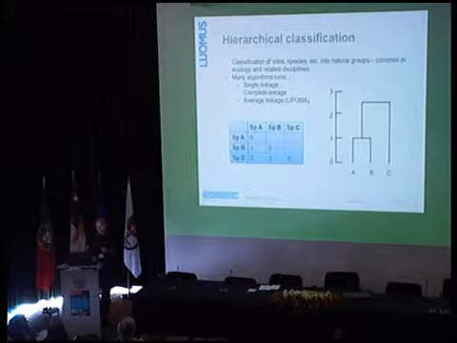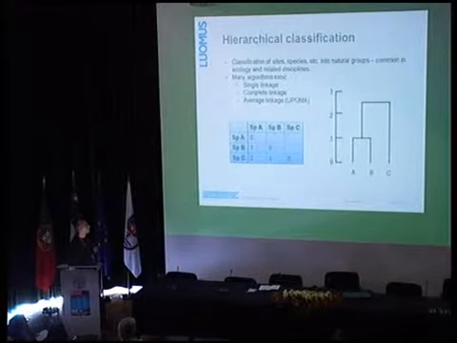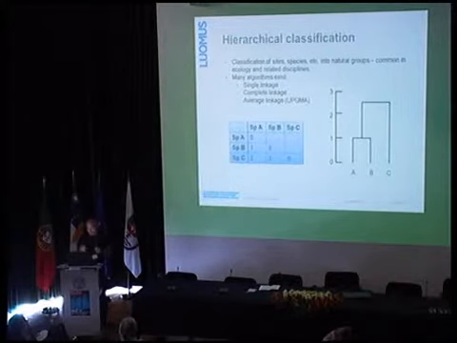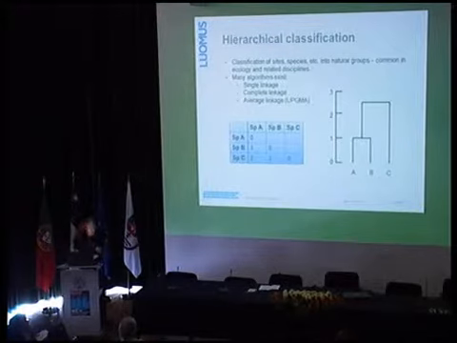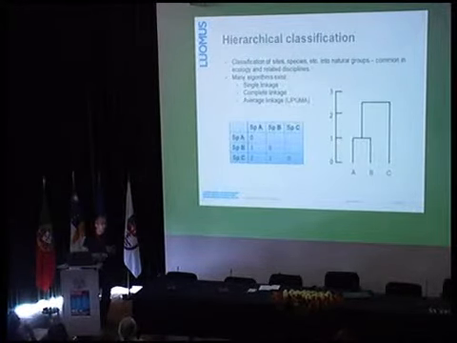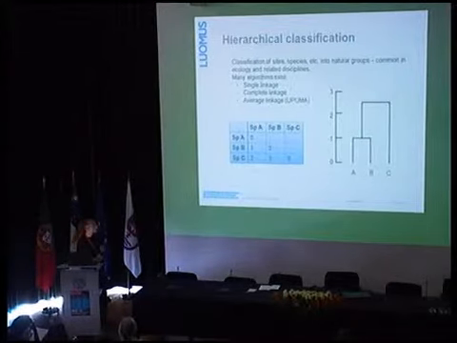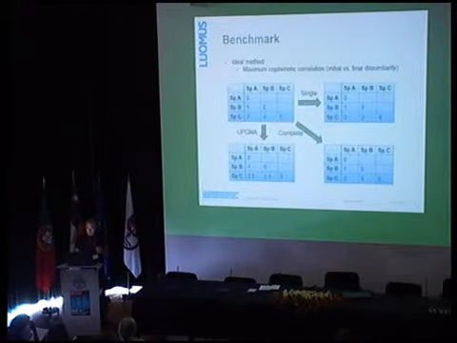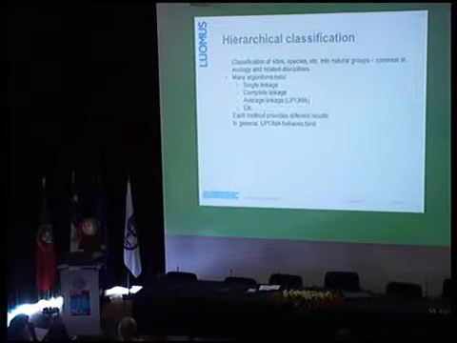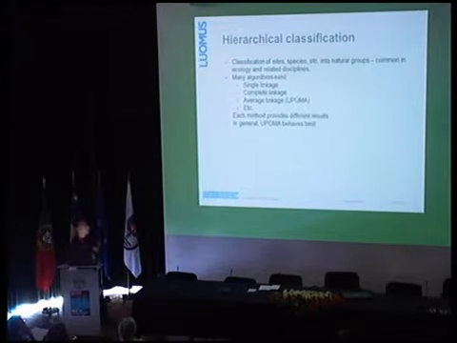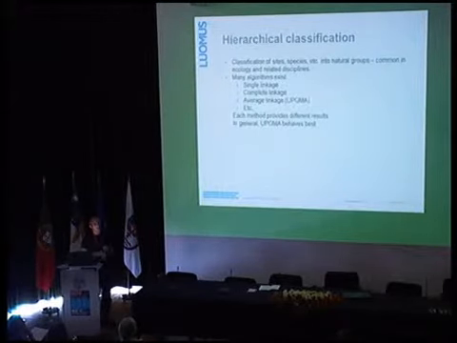Of course, this is a very simple example with only 3 species, but if you have 100 species, or if we sample 20 sites in all the island and we want to see which sites are closer, then we can do exactly this same exercise. Each method provides very different results. In this case, it's not that different because it's a very simple example, but when it's more complex, the results can be drastically different.